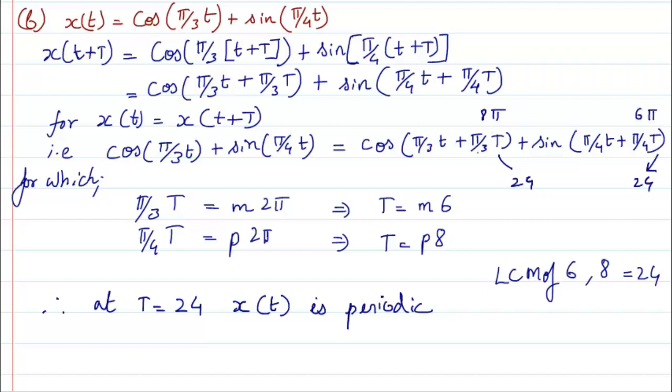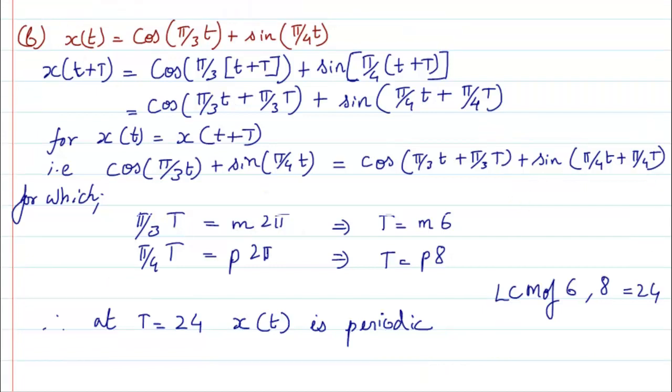And that will automatically make this cos of, we know that cos of any value plus any multiple of 2 pi, whether it be 2 pi, 4 pi, 6 pi, or 8 pi, will be equal to cos theta itself. So both the left and right side will be equal.